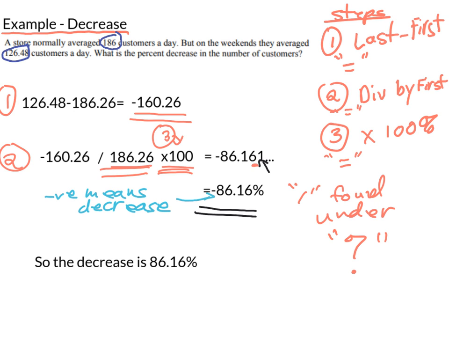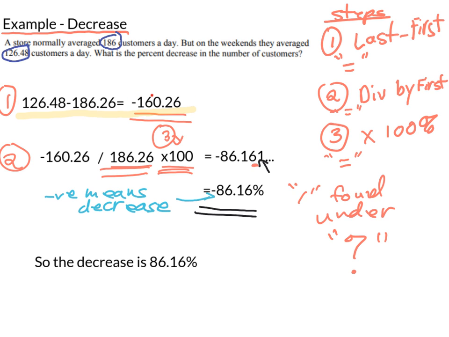Now I'm just going to highlight all the stuff that you need for this problem set. When you do this, I want you to be able to do this. So remember, last minus first. Last minus first gives us a number.